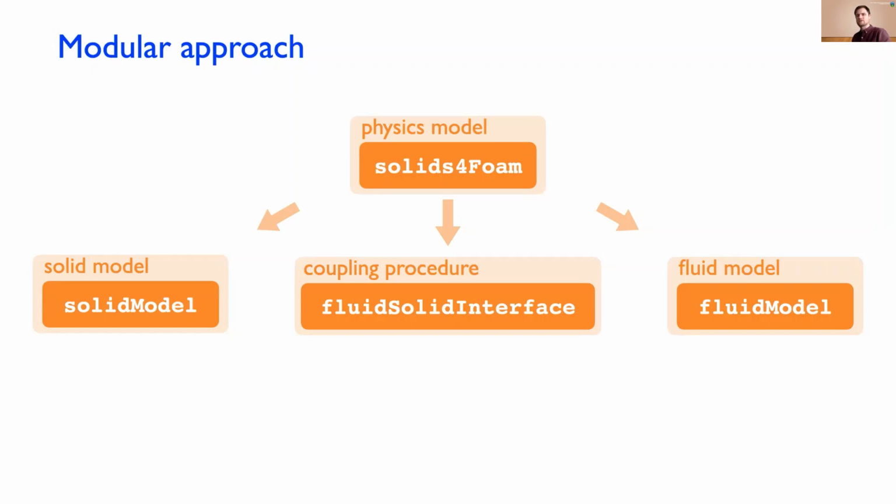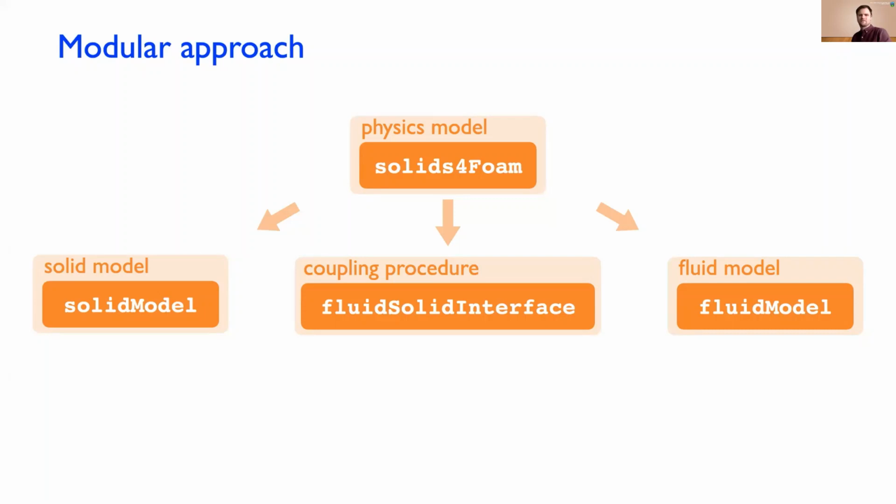Code repetition and copying is bad from a software design perspective, because it allows many opportunities to introduce bugs. And also if you fix a bug in one version of the solver, it doesn't automatically fix it in the other version. So the idea here, taken from the Extend Bazaar, which was the first toolbox doing this, was to have a class for the fluid solvers and a class for the solid solvers.